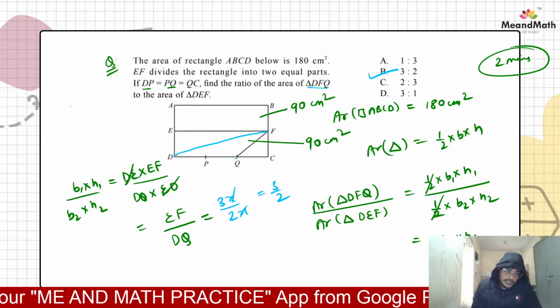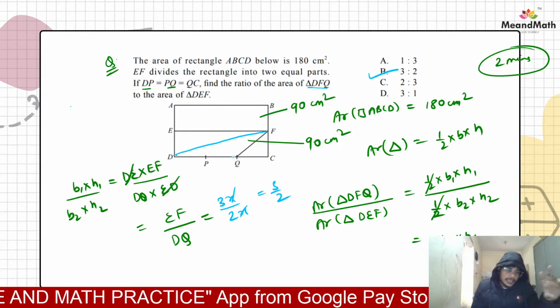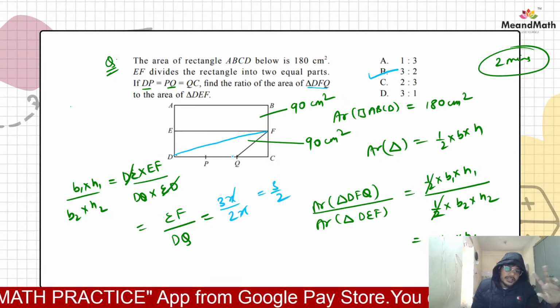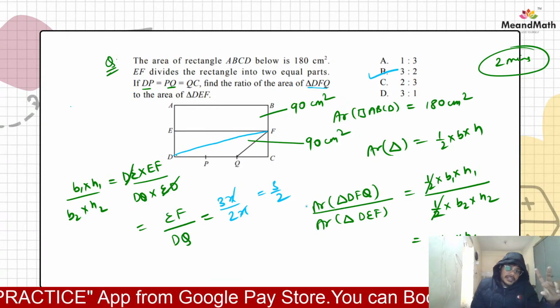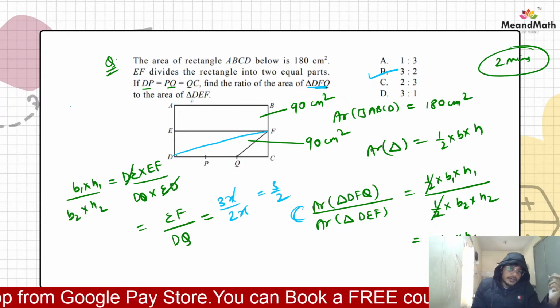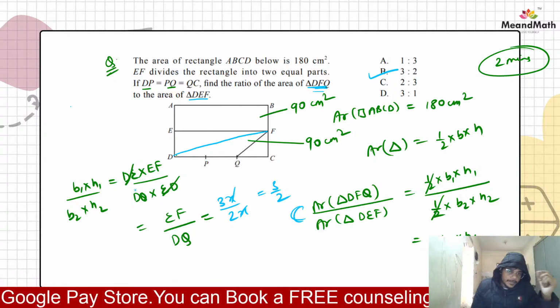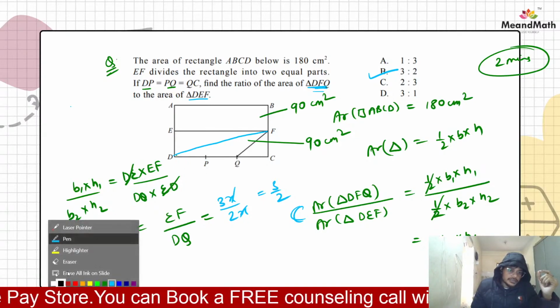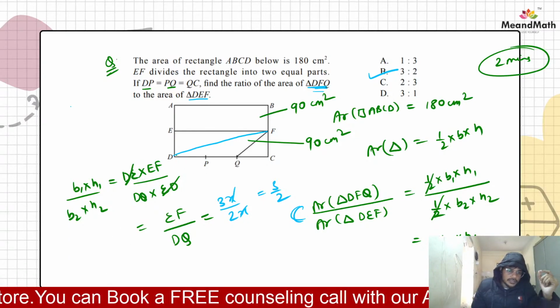Wait a second, beta. I think I have put the value the wrong way. Okay, beta, reverse this, because we need to find this upon this, but we have found this upon this. Okay, let me do this question from here.